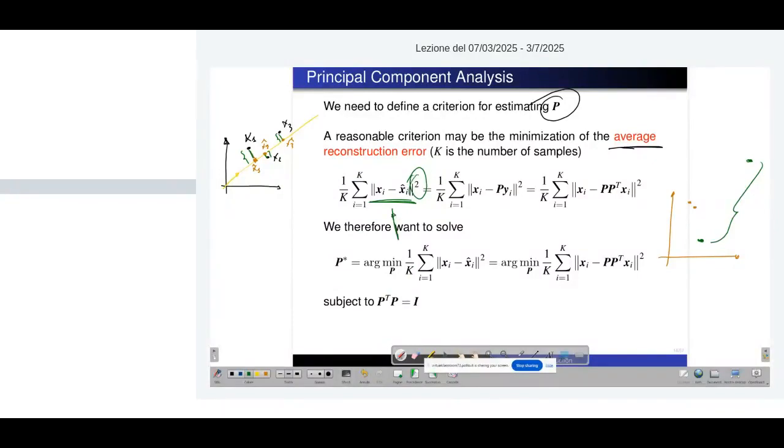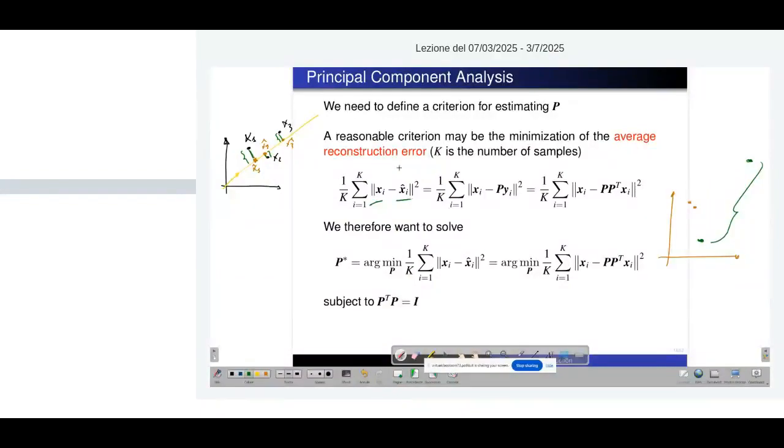If points are far, my error will become larger and will grow in a quadratic way. Similar to the mean square error that you have maybe seen in regression problems. Just that there you had a target variable that you wanted to be as close as possible to your label. Well, in that case it was a continuous label. In this case we have a sample and its own reconstruction.